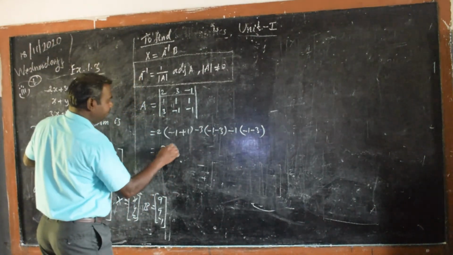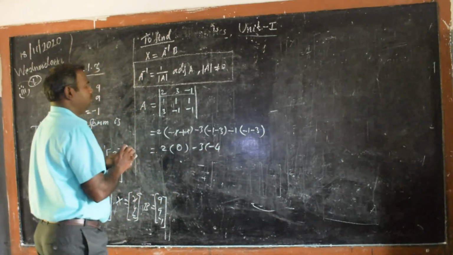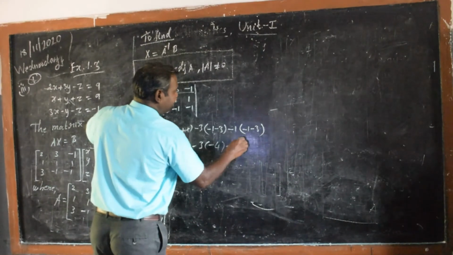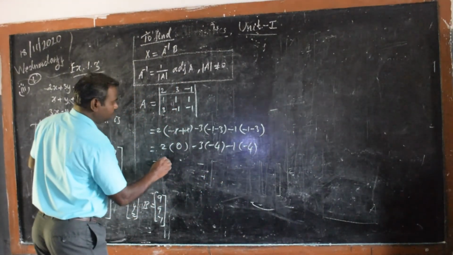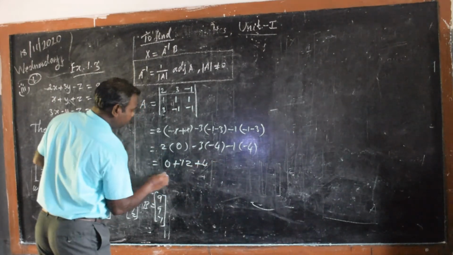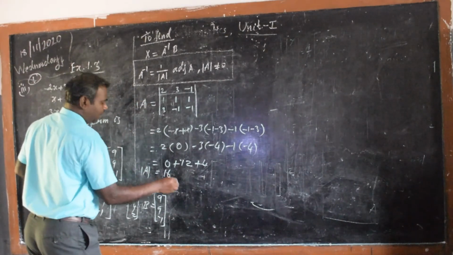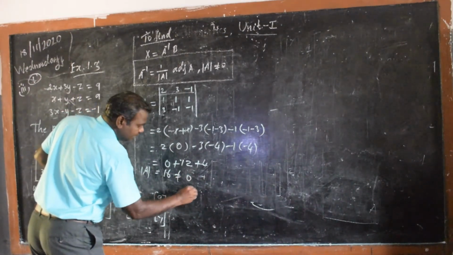So equal to 2 into 0 minus 3 into minus 4, and last minus 1 into minus 4. So total equal to 0 plus 12 plus 4 equal to 16. So determinant of A equal to 16, which means non-zero. So A inverse exists.